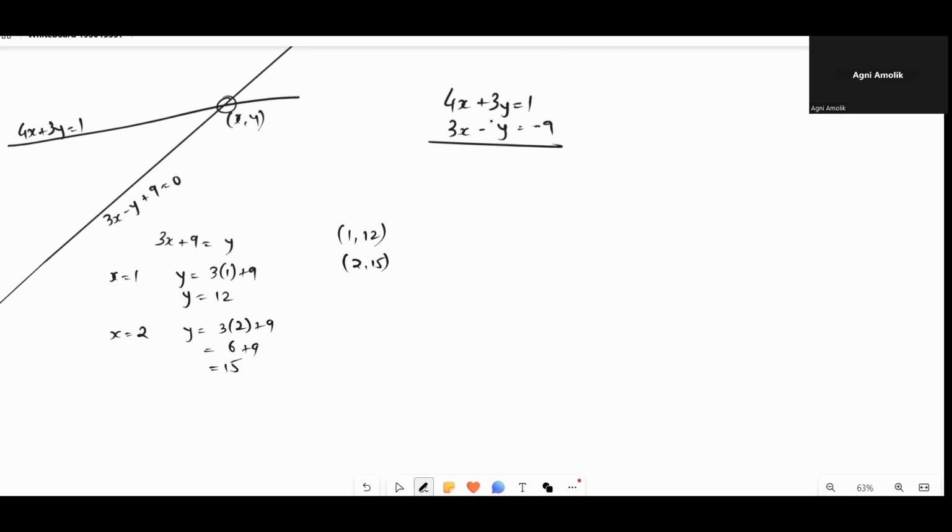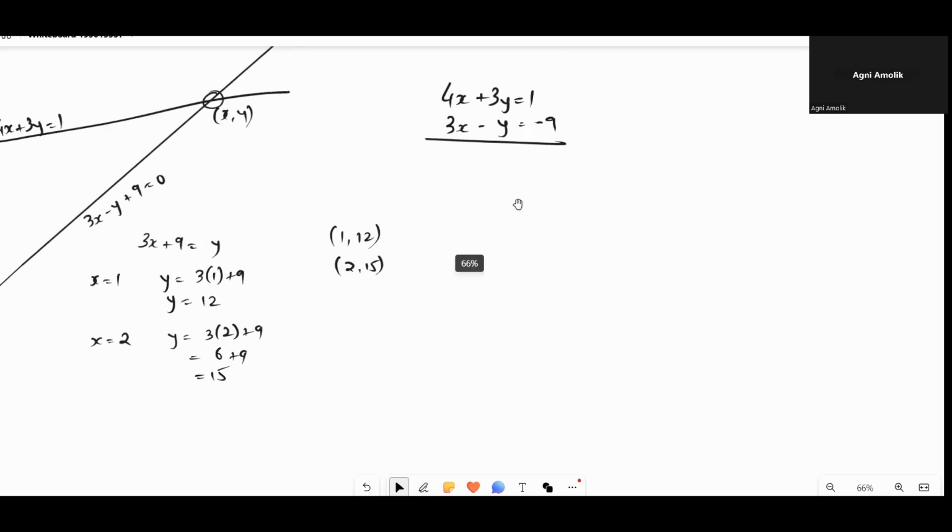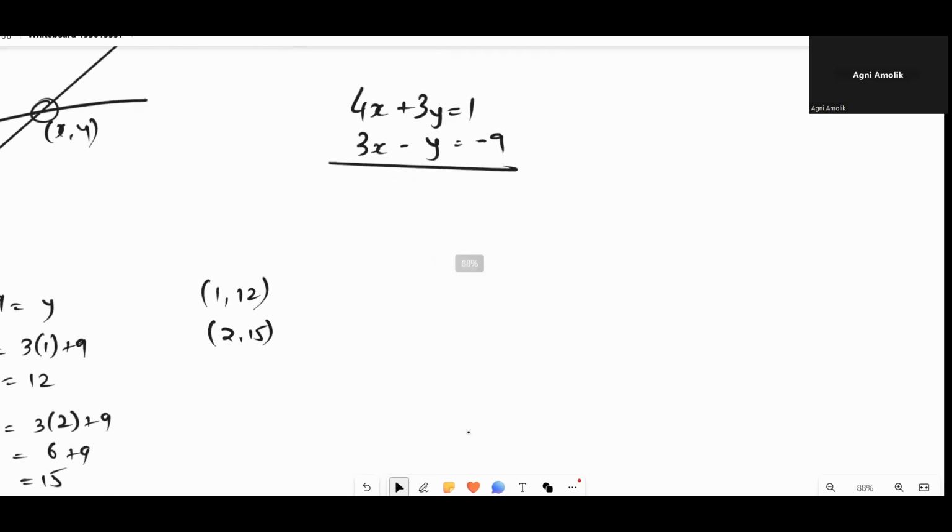How do we solve it? The first step is to make the x term the same, or the y term the same. How do we make the x term the same? You need to multiply with something to make it the same. 3 into 4, 12. So 4 will be multiplied by 3 and become 12, and this 3 will be multiplied by 4 and become 12.